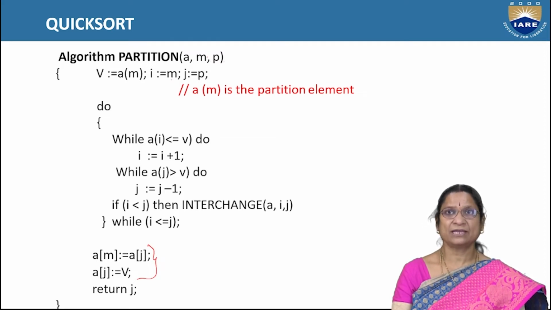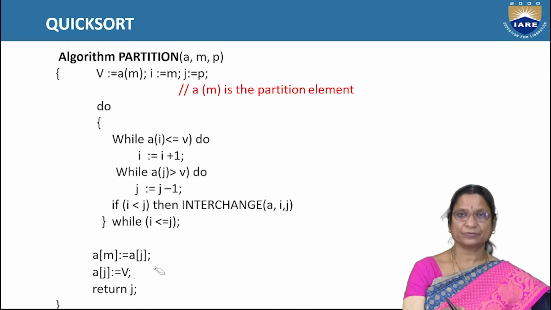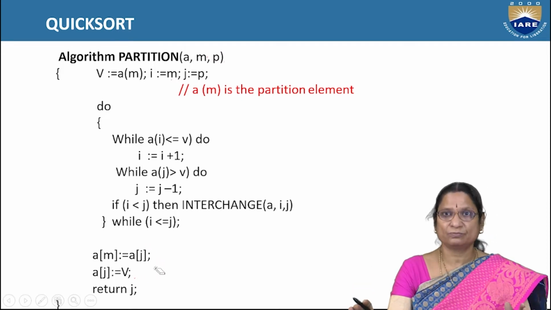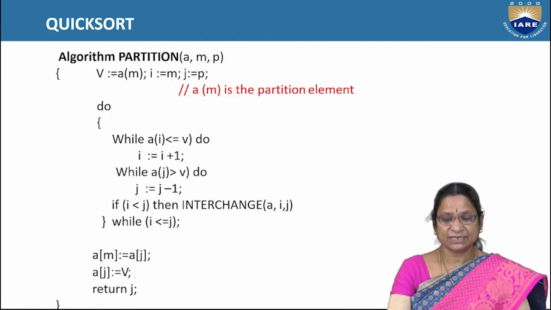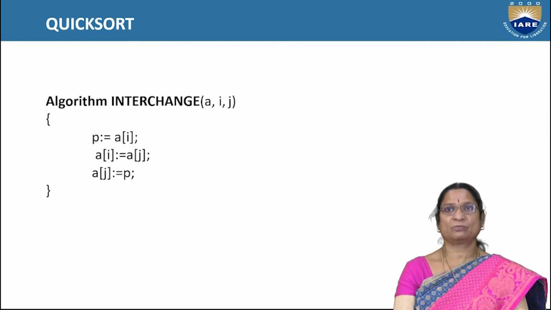So A of M, the first element, goes to the Jth position, and the Jth element goes to the first position. We interchange them, placing the pivot element at the Jth position. That J is going to be returned to us. I'll explain how it works properly.